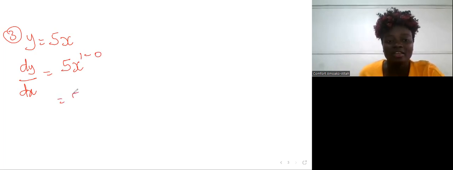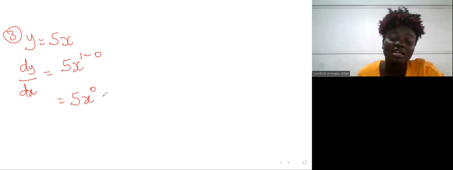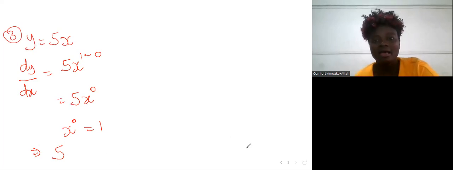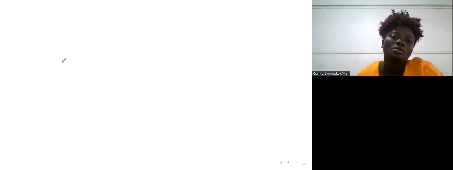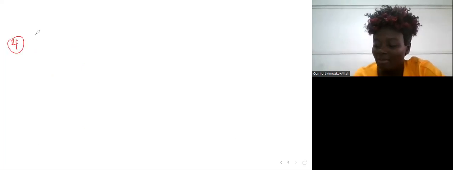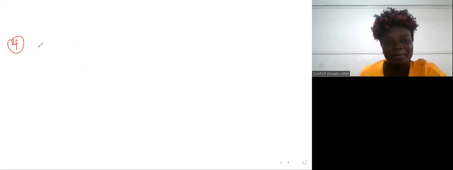Simplifying this, you're going to get 5x exponent 0. Any number exponent 0 is 1. So this will give us 5 as the final answer. Okay, example 4. I'm going to give you 5 examples, then you take it out.